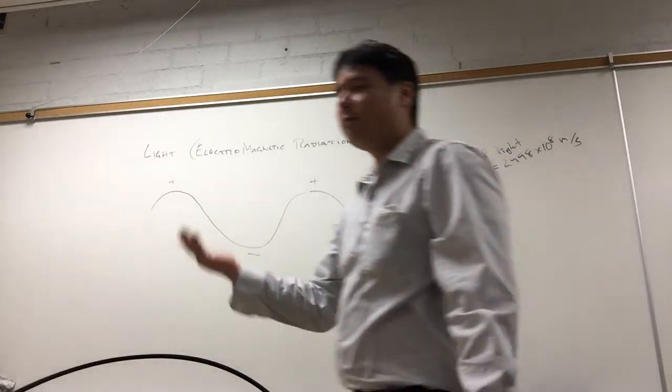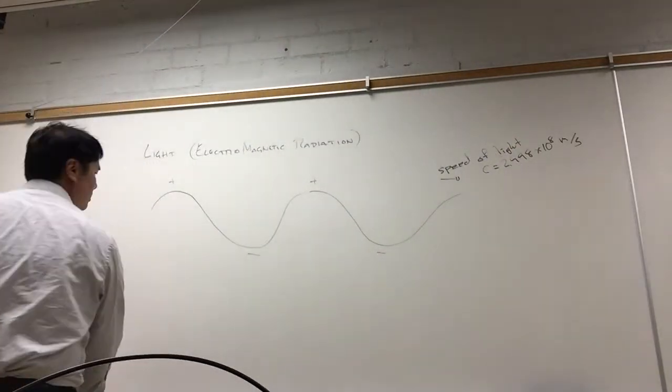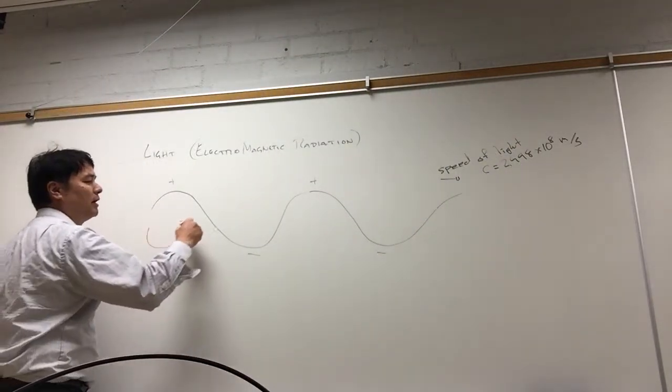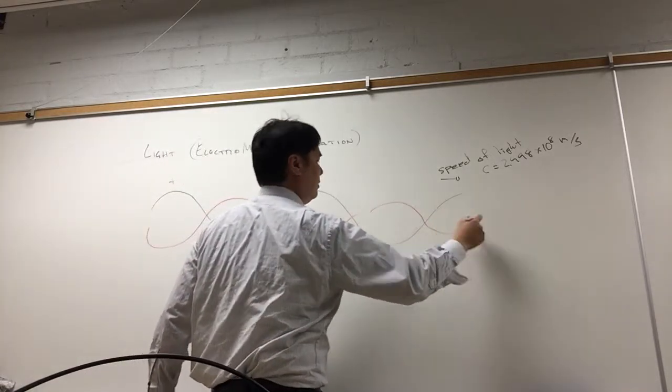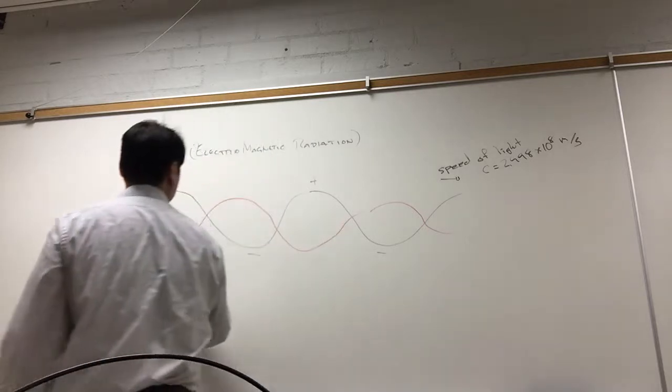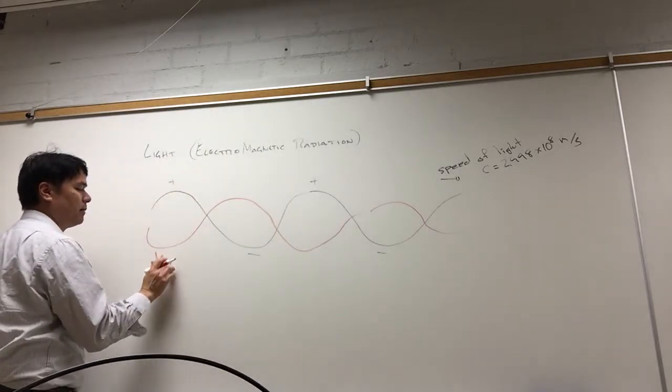Okay, if we have an electric field, then perpendicular to this, we're going to have a magnetic field. But the magnetic field, we're not really going to deal with. So this is not the greatest drawing, but this would be the magnetic field.